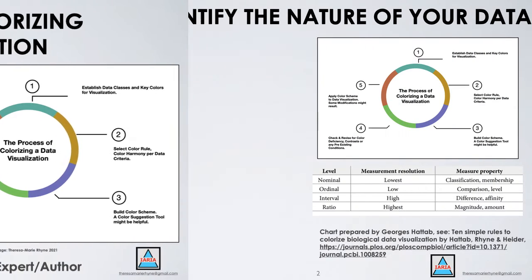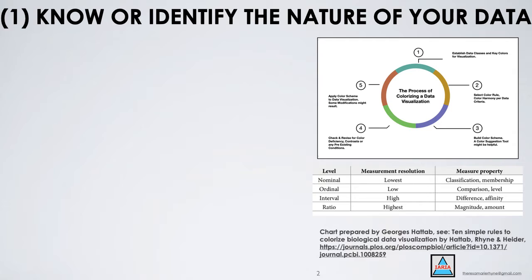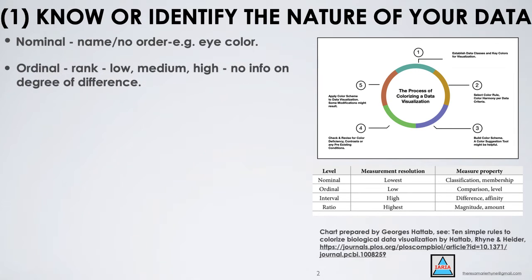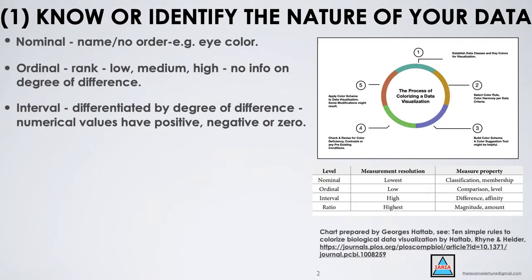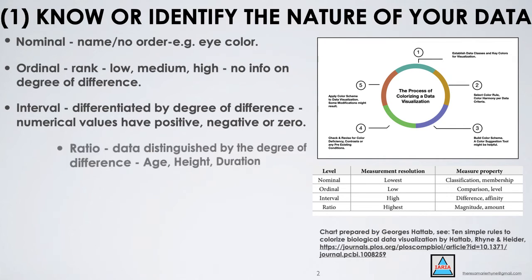So now we're going to get to know our data a little bit. There are lots of kinds of data. There's nominal data where there's no order given, like the color of your eyes. There's ordinal data, no info on the degree of difference, but it's low, medium, or high. There's interval data, numerical values with positive, negative, or 0.